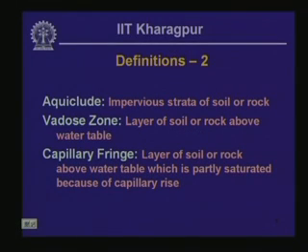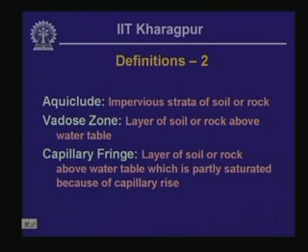Another definition is the vadose zone. The vadose zone is the layer of soil or rock which is above the water table, and then the definition of capillary fringe. There will be a layer of soil or rock above the water table.